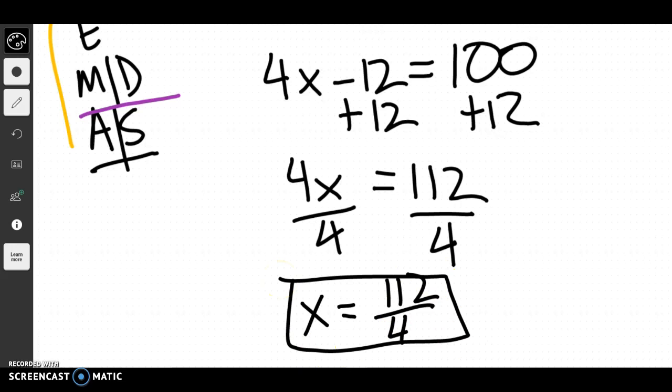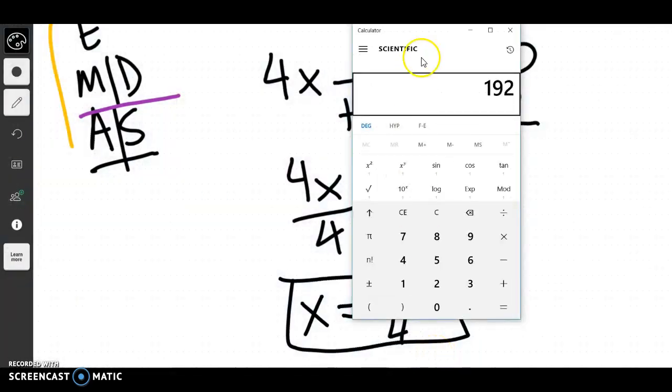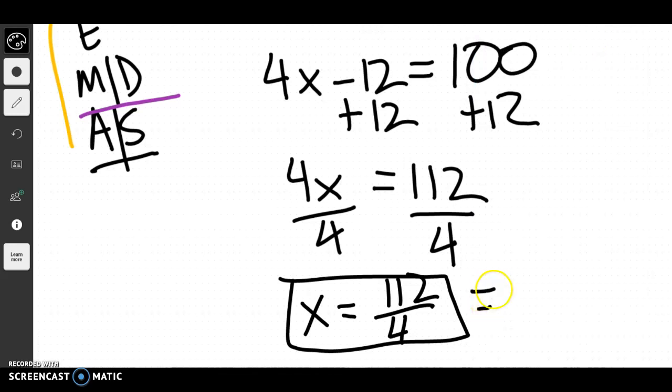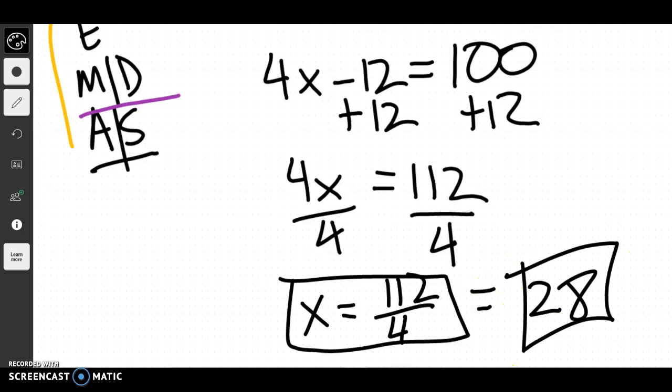Anytime you can't divide a number like 112 over 4, you can just leave it as a fraction. We can get a decimal approximation if we throw it up on our calculator, so let's see. Oh, I guess it does become a nice number. That would become 28. There we go.